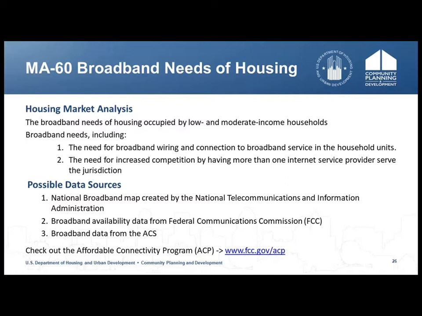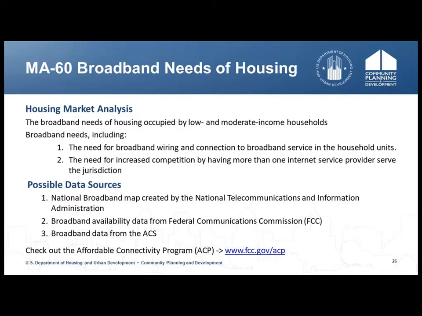Like Nikki said earlier, we'll have all these slides posted on HUD Exchange, so if you want to reference these later, you'll have this. But the FCC puts out some good maps to show you where broadband access is. The ACS has some good data too on where broadband is available and who it's available to. And I think a new thing to highlight is this Affordable Connectivity Program by the FCC.